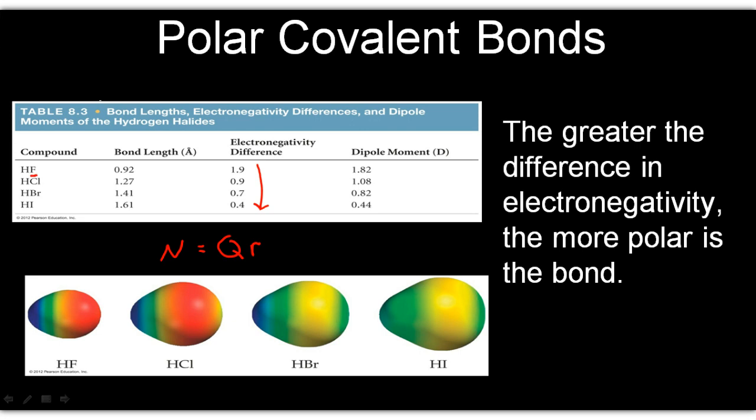That's the only difference. The bond length is actually going up. So if we use this as a comparison to the dipole moment, the radius is going up but the relative charge is going down. Yet the dipole is decreasing.